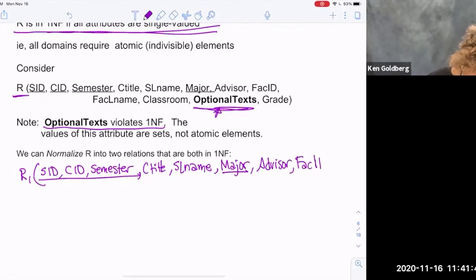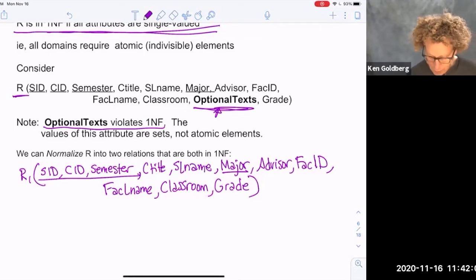So I plucked out this offensive multi-valued attribute, but I want that information.